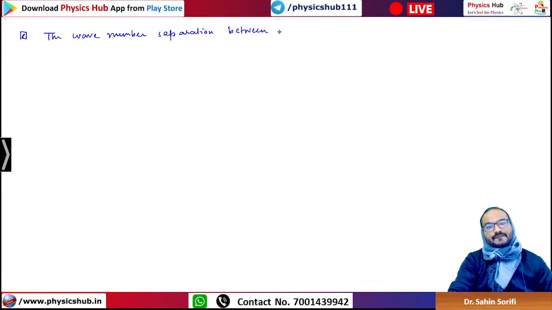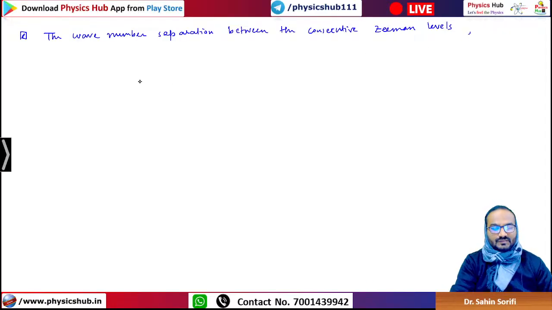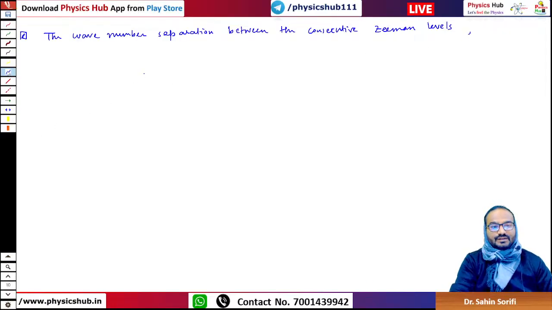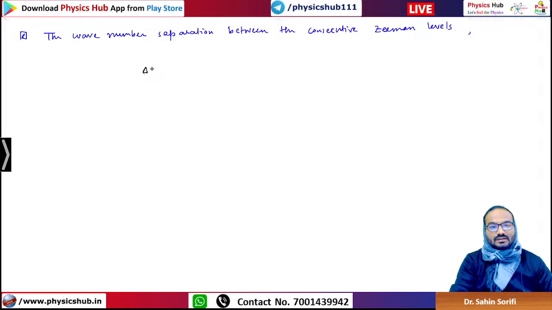Okay, so the wave number separation between the consecutive Zeeman levels, we have seen it. It is denoted by delta nu bar, which is equal to the Lorentz unit L prime, that is eB upon 4 pi mc.